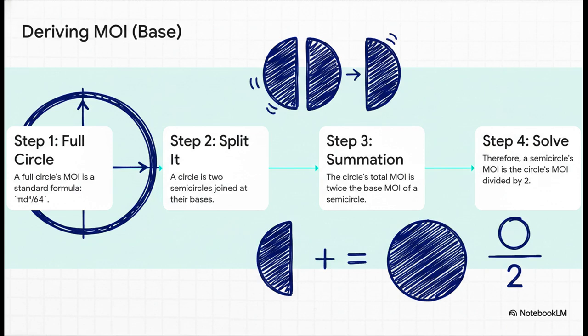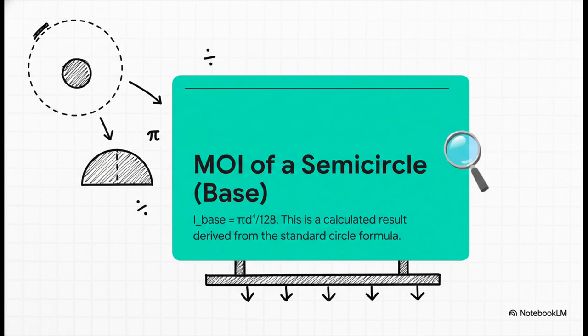That means the MOI for one semicircle about that base has to be exactly half of the full circle's. So we just take the circle's formula, that pi d to the 4th over 64. We divide it by 2, and there we have it. This is a crucial calculated result. The moment of inertia of a semicircle about its base is pi d to the 4th over 128. Make a note of that one.